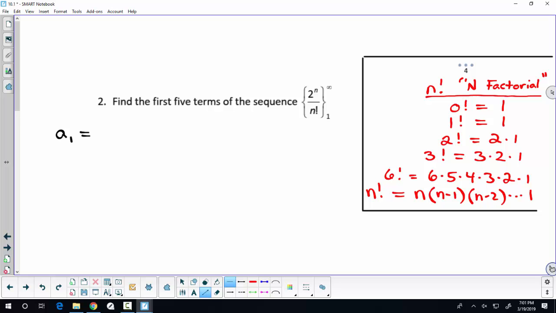So our first term, a sub 1, index is 1. You've got 2 to the n over n factorial. So I'll just write this here so we can match. So a sub 1, 2 to the first over 1 factorial.